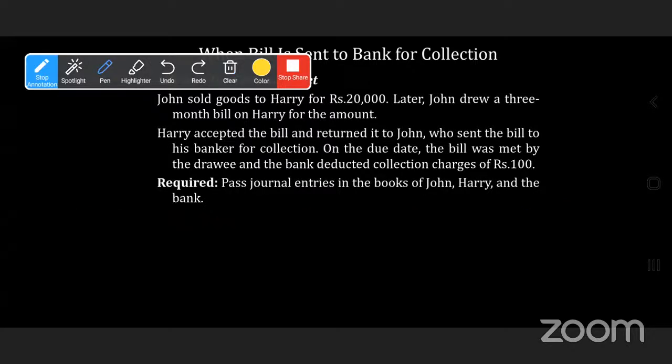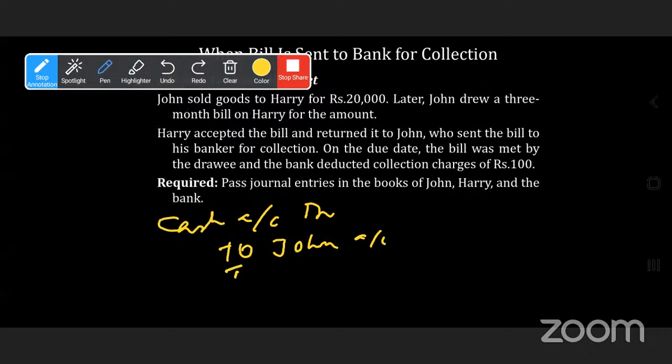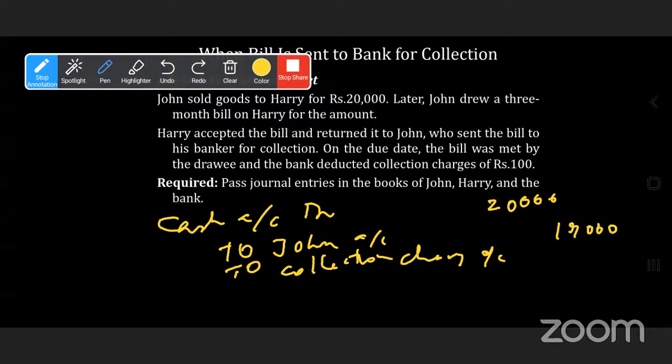Due date in the books of bank, that is cash account debit to John account, to collection charges account. So cash account 20,000, John account 19,000, collection charges account 100.